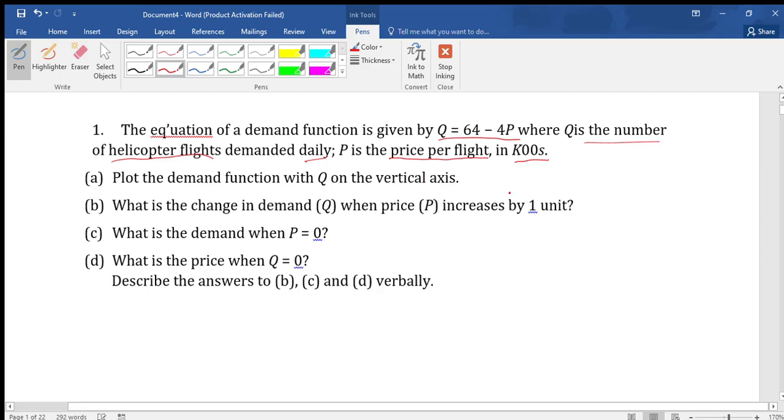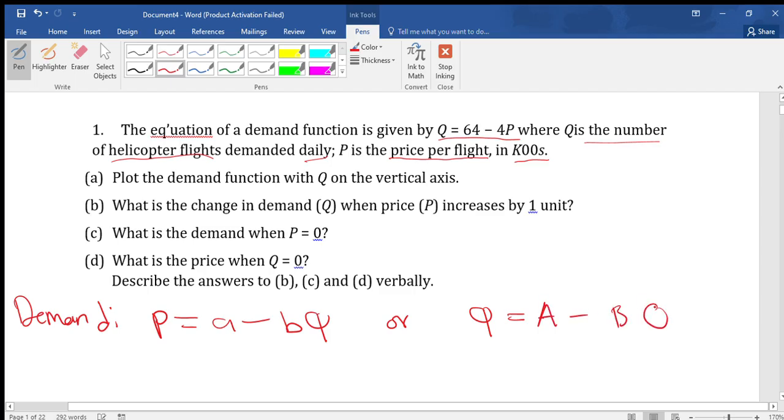So remember in our theory class of demand function and supply function, we mentioned that the demand function explains a negative relationship which exists between the price and the quantity. So this demand function can be in the form of P equals A minus BQ, or it can be in the form of Q equals A minus BP.